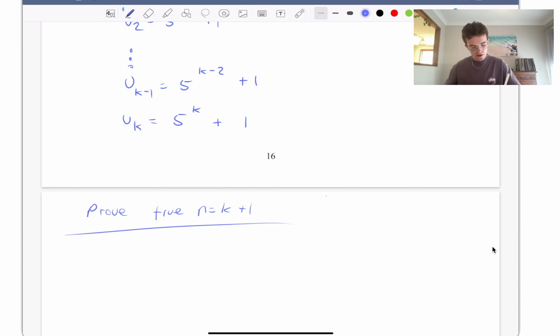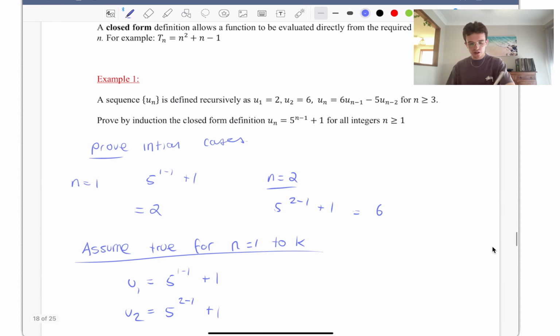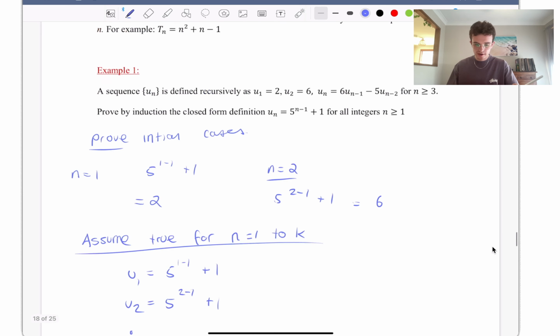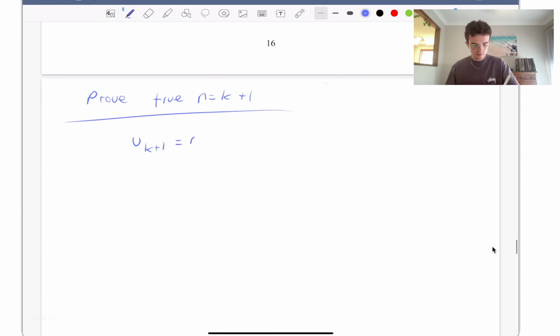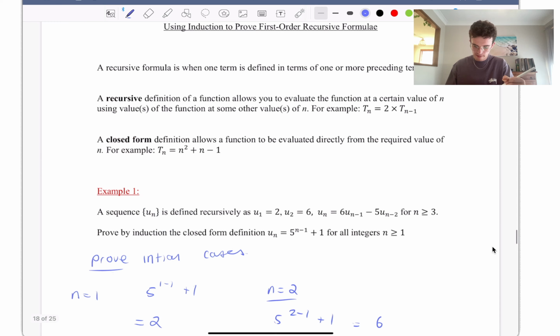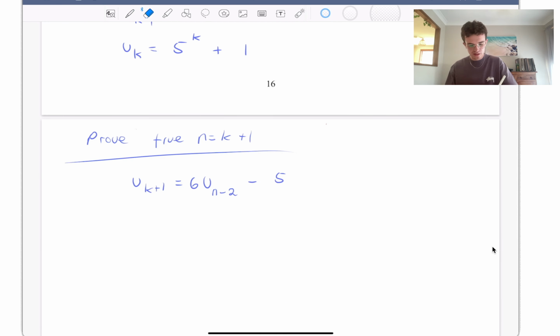So we're going to say u(k plus 1) by our formula. So we're no longer using this formula because that's what we're trying to prove. We're going to use this formula now. So u(k plus 1) is 6u(n minus 1) minus 5u(n minus 2). This is our formula.